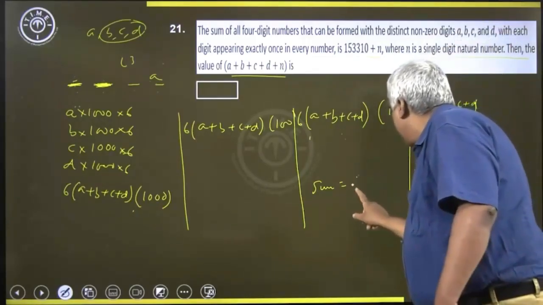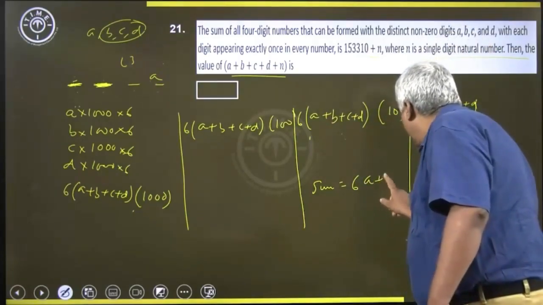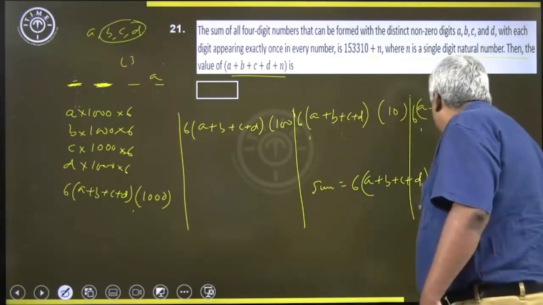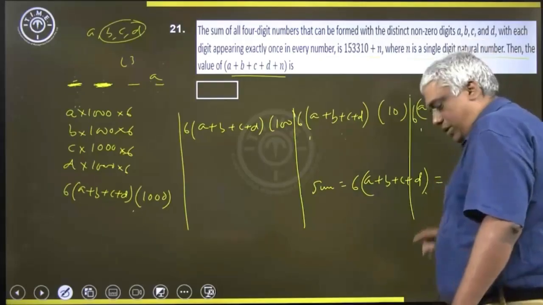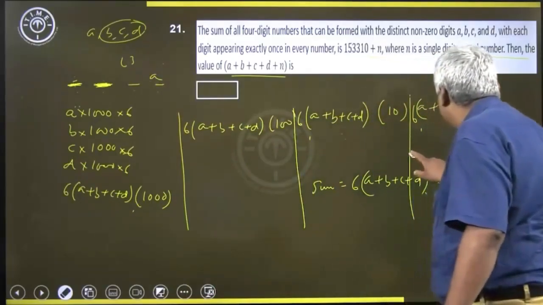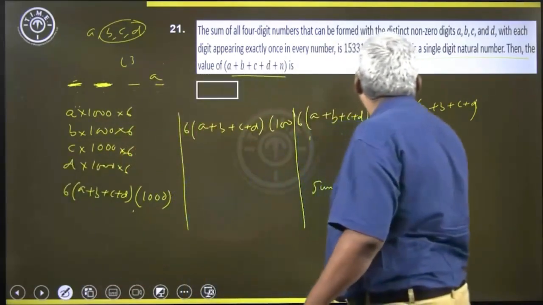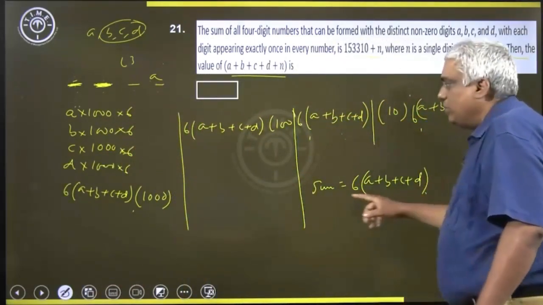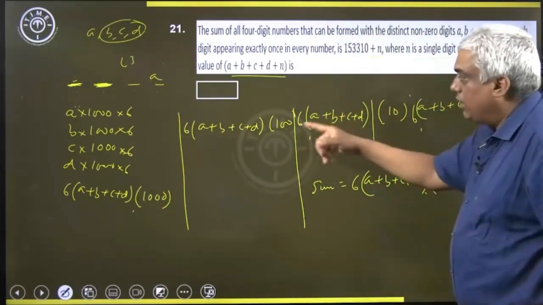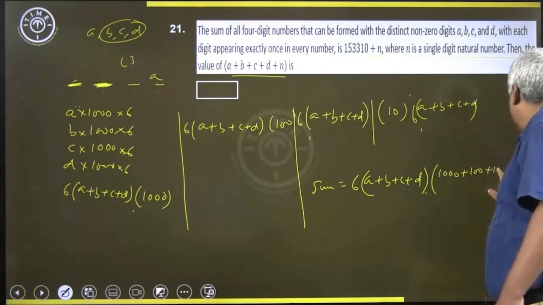So if you add all these, 6 into (A plus B plus C plus D) is common, and we will be left with 1000 plus 100 plus 10 plus 1.